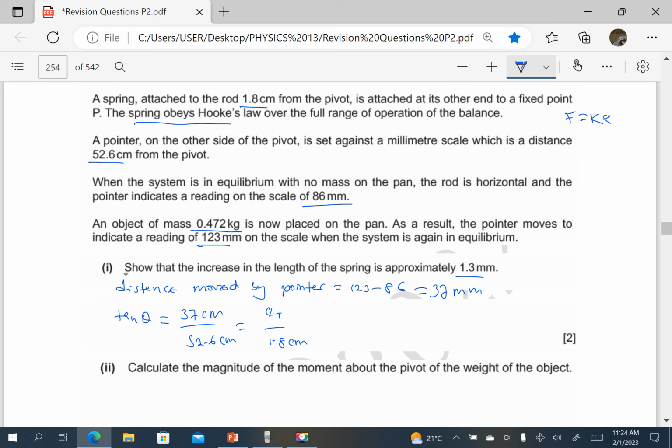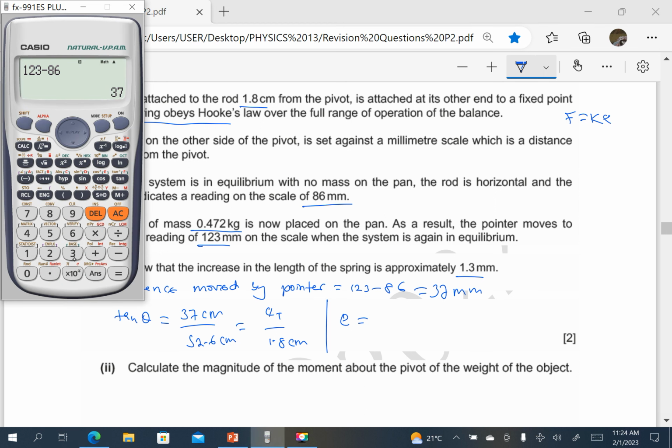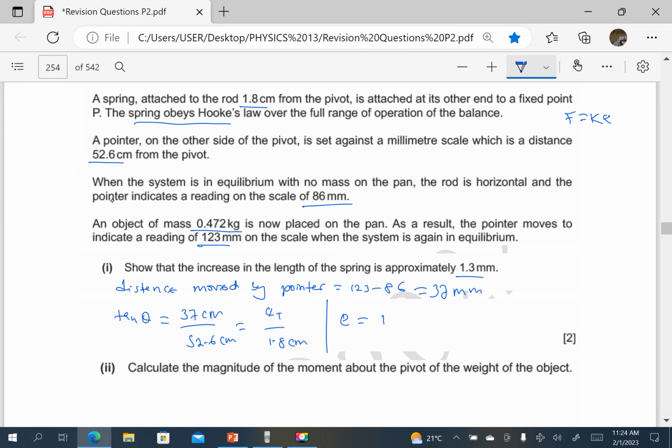That is tan. So when you simplify this, you see that the extension of the spring is going to be 37 divided by 52.6 times 1.8, which is 1.266, which is approximately 1.3 millimeters.